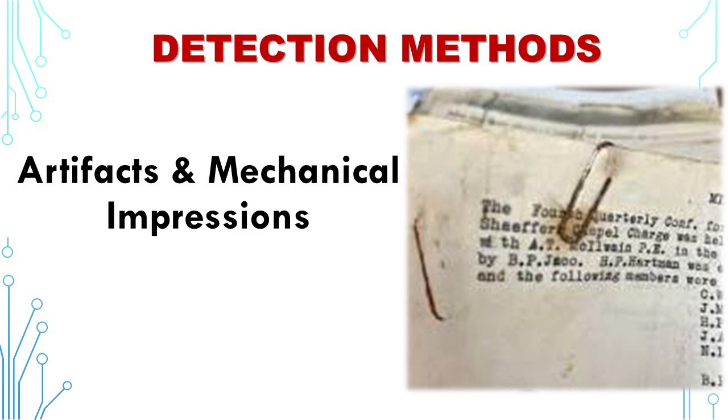Then we can also look at the physical artifacts and chemical impression. At times you look at the document and you consider some artifacts on it. Most of the machines that we use evolve over time. For example, the printers, the photocopiers, the machines that were used before the 1990s.